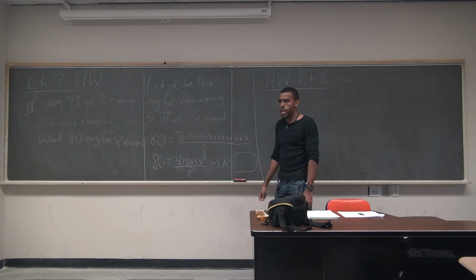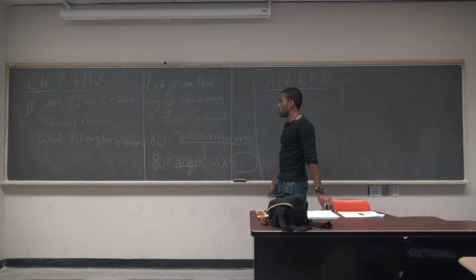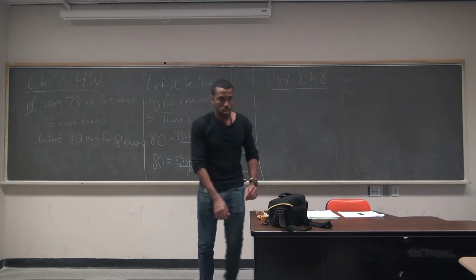It says, use the range rule from chapter 7 and the answer in B to estimate the standard deviation for each data set. State the reason. The true values are the standard deviation of X is 2.1 and the standard deviation of Y is 4.2.